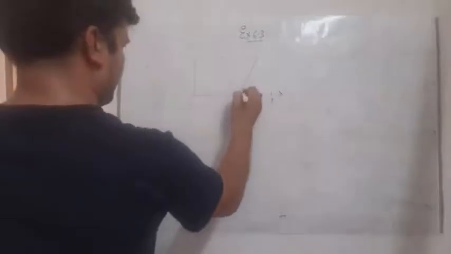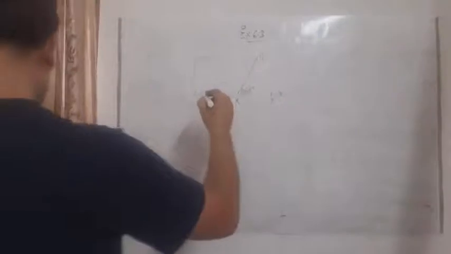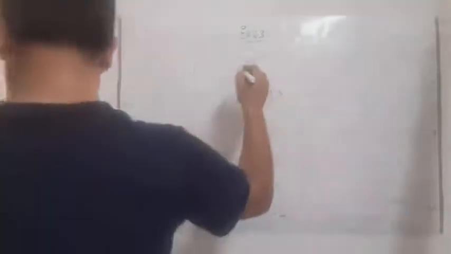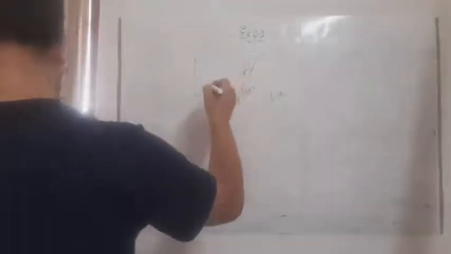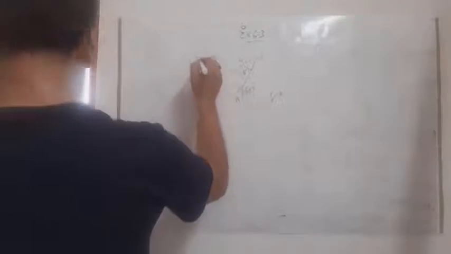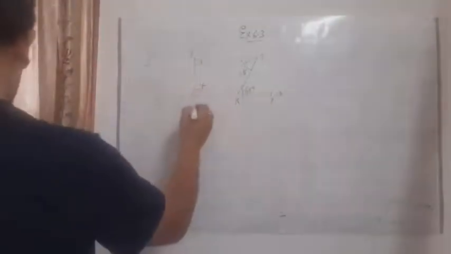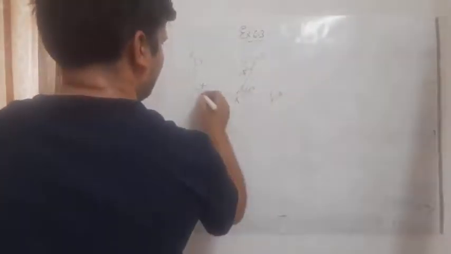This point is R, this angle is 65 degrees, this is Q, and this is X, and this is 28 degrees, and this is angle P. This angle is Y, and this point is S. Now students, in this question we have to find the value of X and Y.